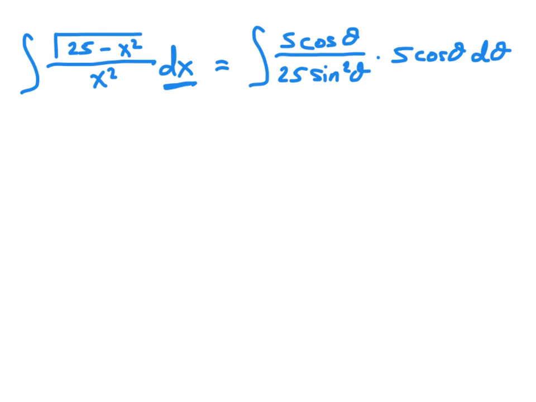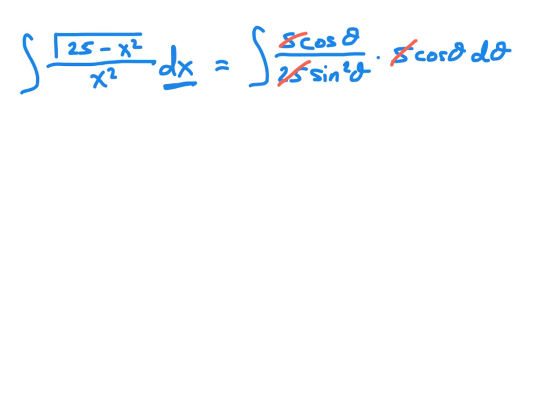Now notice we get a little bit of simplification here. For example, all of our constants are actually going to cancel out. We have a 5 in the numerator from the 5 cosine theta. We're going to multiply that by the 5 from the dx term to give us 25, and that will cancel with the 25 that's in the denominator.